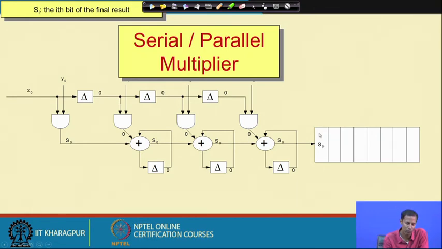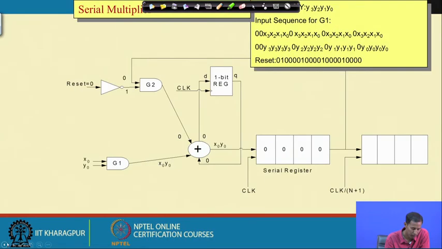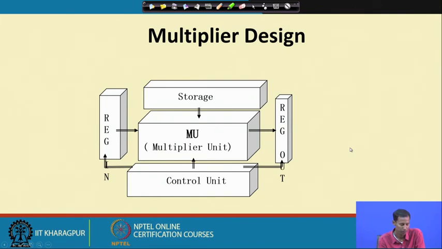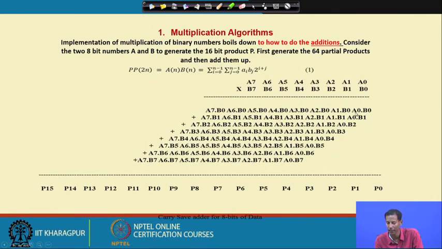So, in the next case what will happen, x0 will be coming to this and x1 will be coming to this. So, at that particular clock phase, x0 into y1 plus x1 into y0. So, you see in this particular case what is needed, P0 is nothing but this x0 and y0, or a0 and b0 in this case.